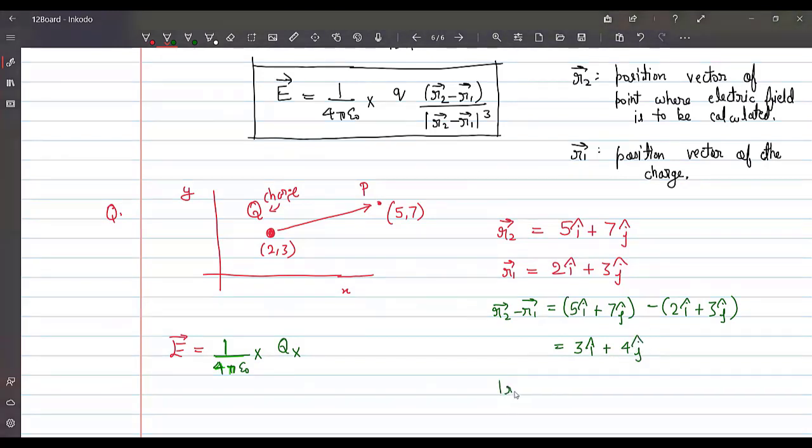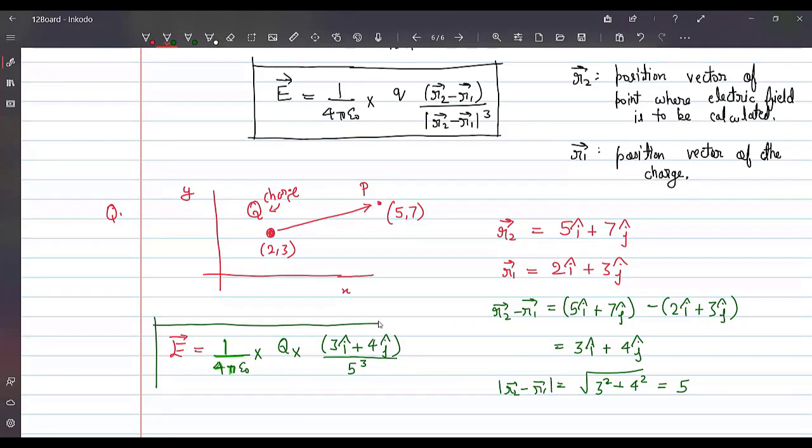And let us also calculate the mod of r2 minus r1. That will be root over 3 square plus 4 square. 3 threes are 9, 4 fours are 16, 9 plus 16 is 25, root 25 gives you 5. So kq upon the r2 minus r1 vector, which is 3i plus 4j, the whole thing divided by 5, times Q. This will be the value of the electric field.